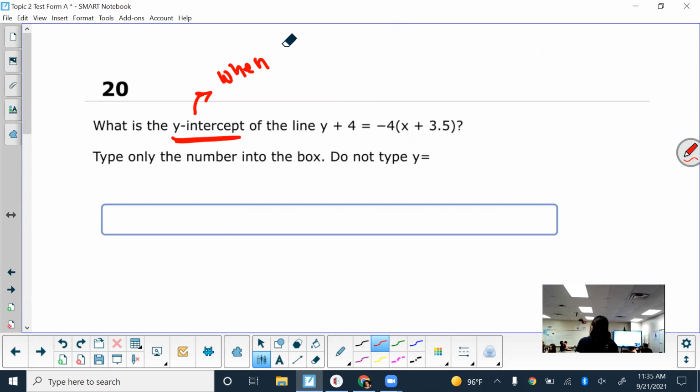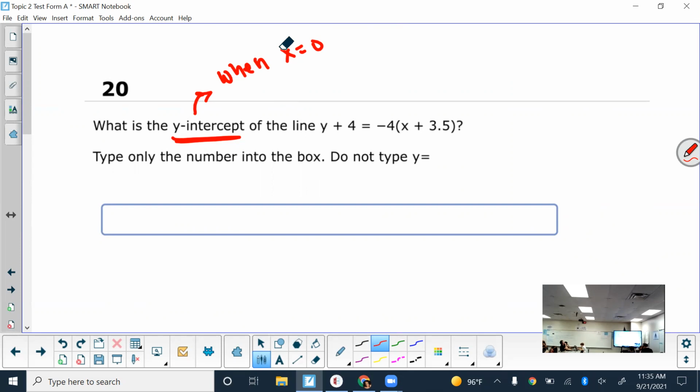So you all should be writing this down for number 20. Okay, y-intercept is when, not when y equals 0, good try though. It's when x equals 0. All right, so write that down.